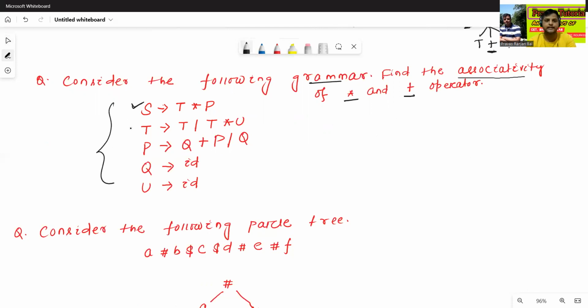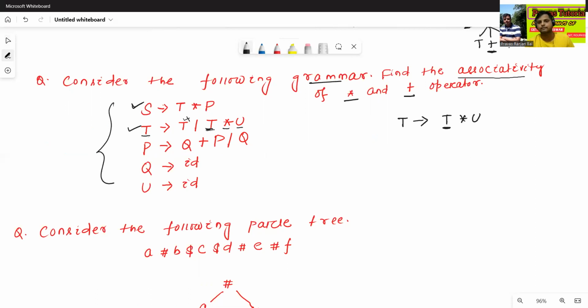Okay, now we'll see the second prediction. See here T2, T and here T star U. We'll not consider this prediction; we'll just consider the next, third prediction. T2 T star U. So here T is left recursive.